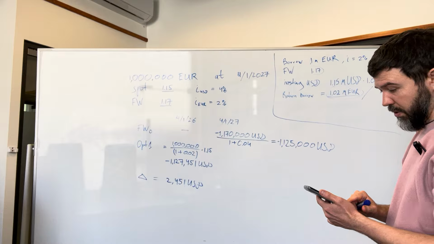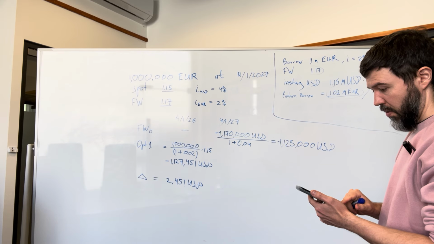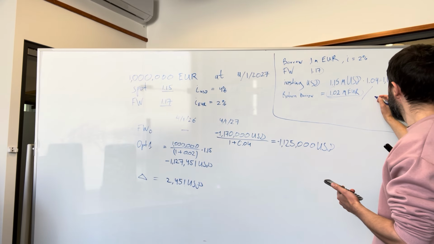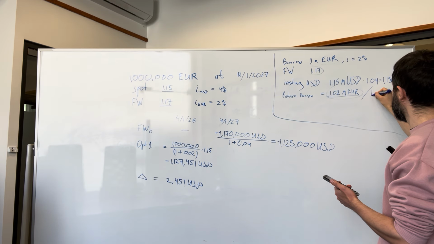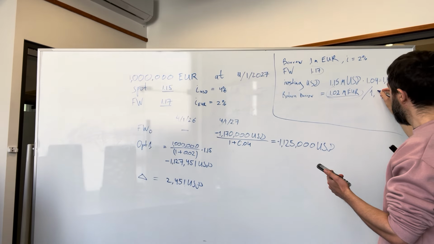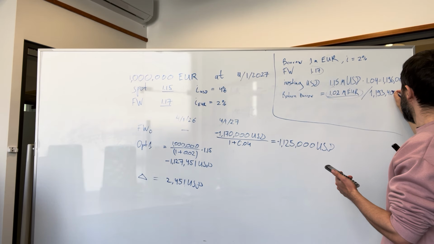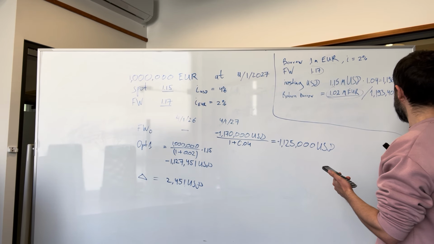It's 1,020,000 multiplied by 1.17, your forward rate.